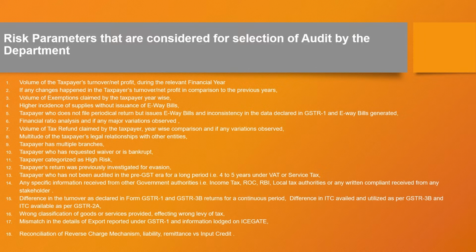But I will tell you the major ones. First, where they find a big difference between the e-way bill figure and the 3B figure in respect of turnover, taxable turnover. If they find a difference between the taxable turnover declared by you in 3B and that declared in the audited statement, final accounts, then obviously they would like to know why this big difference.